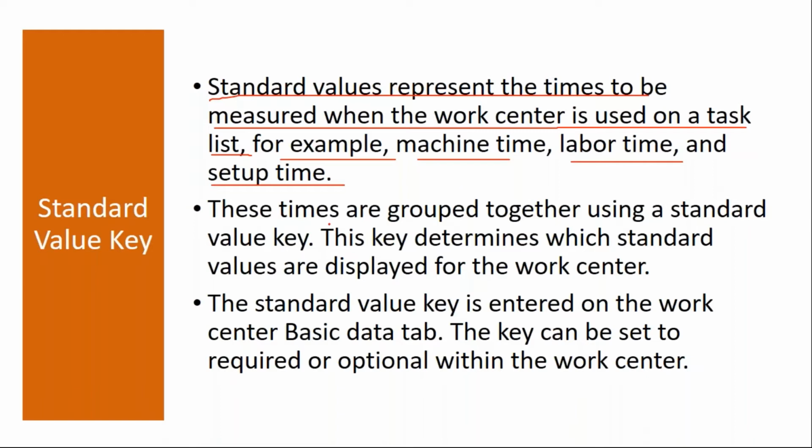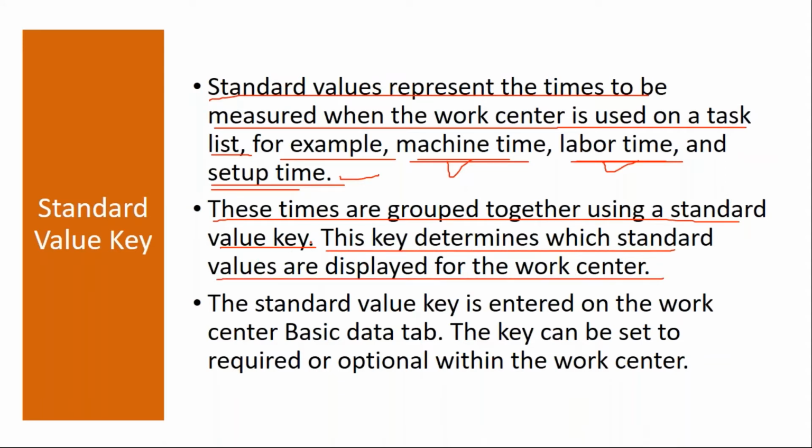You will measure first your machine setup time, then your machine time, production time, and your labor time. Let's say labor are working on that machine, so you want to measure labor time. All these are called standard values: setup time, machine time, labor time. These times are grouped together using a standard value key. This key determines which standard values are displayed for the work center.